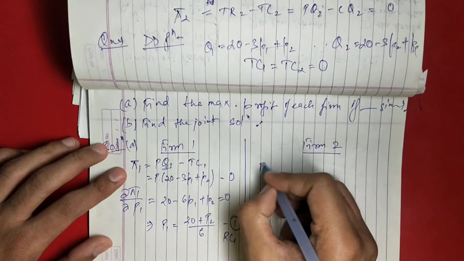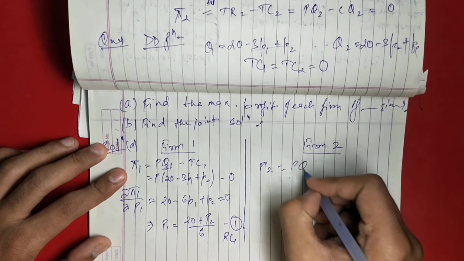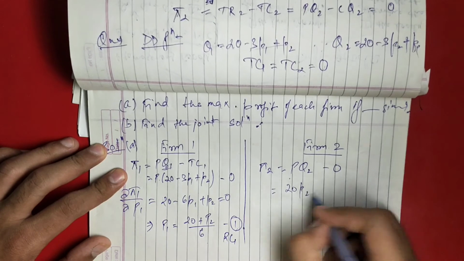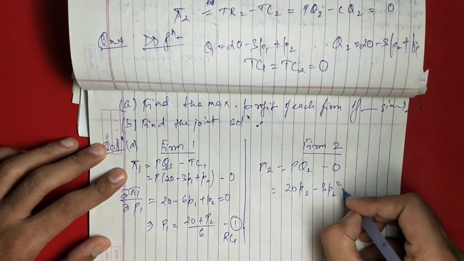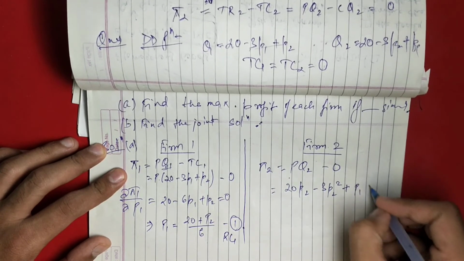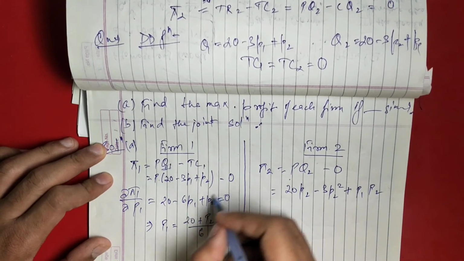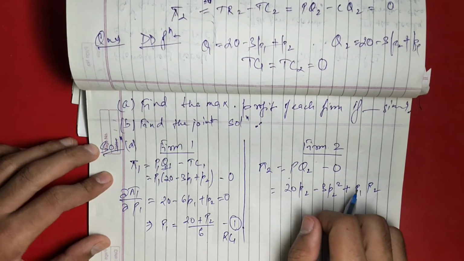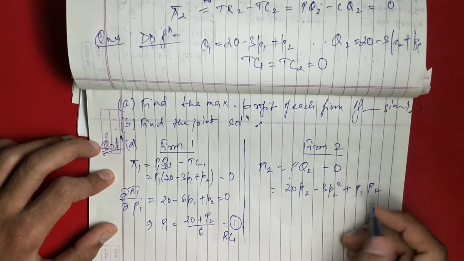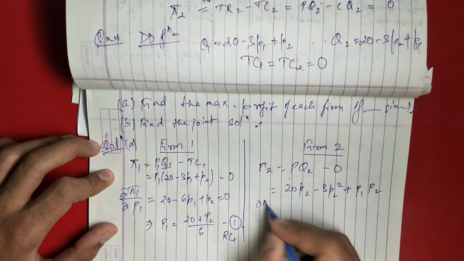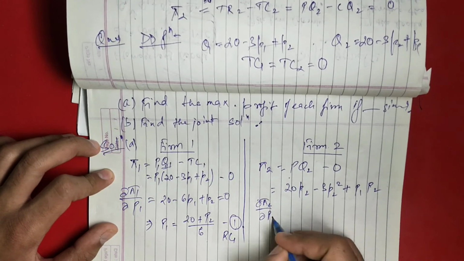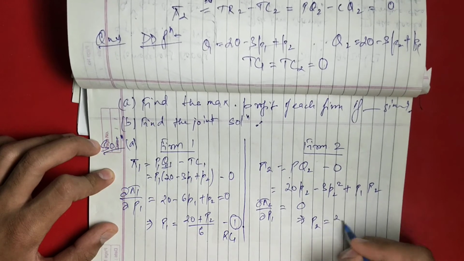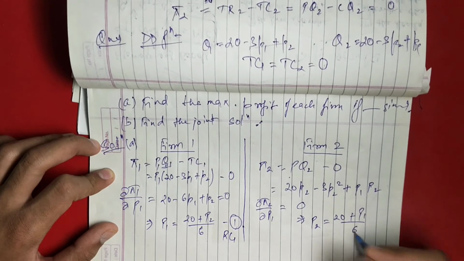Similarly, you will do the same for firm 2. Minus 0, I am writing it directly: 20 P2 minus 3 P2 squared plus P1 P2. Same thing, del π2 by del P2 is equal to 0. You will get P2 in terms of P1, divided by 6.